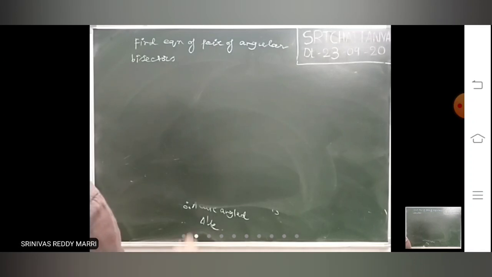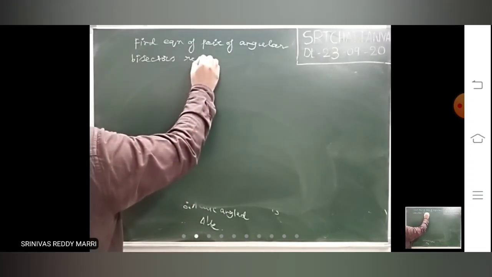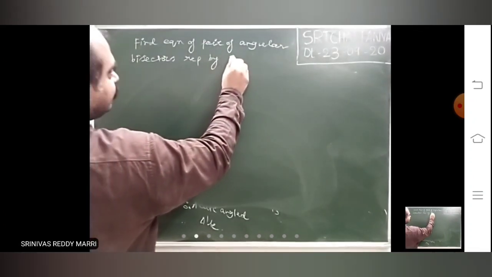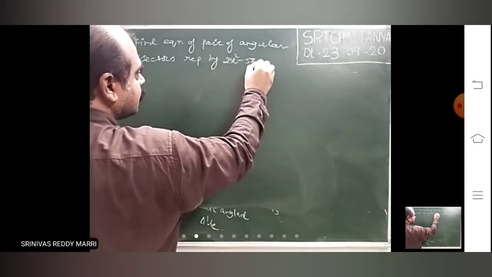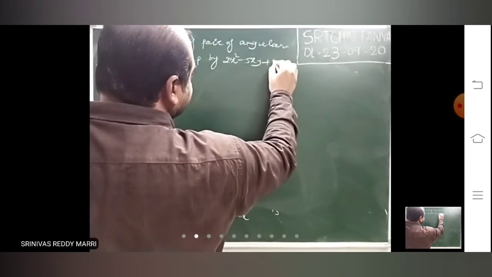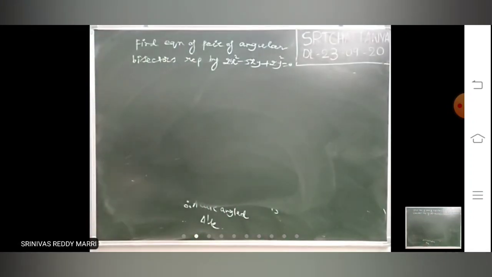Pair of angular bisectors represented by 2x square minus 5xy plus 2y square equal to 0.